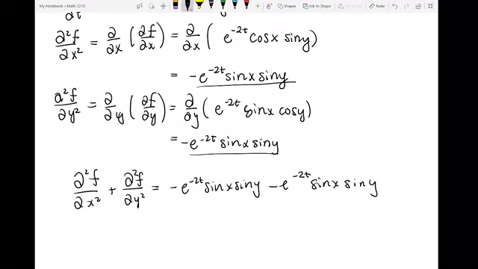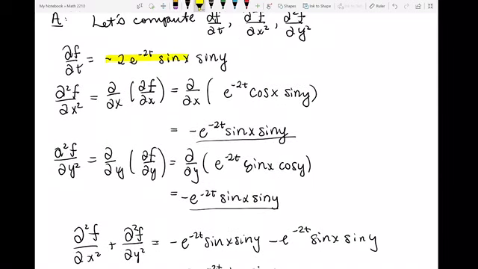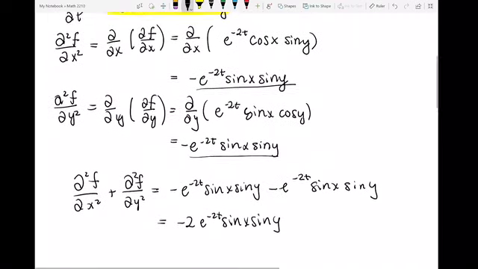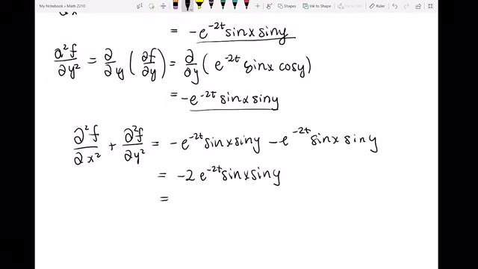Well, what's this equal to? Minus 2 e to the minus 2t sine x sine y. And notice this is exactly my partial of f with respect to t. That's exactly what we wanted. So we can say that the equation is satisfied and the function is a solution to it.